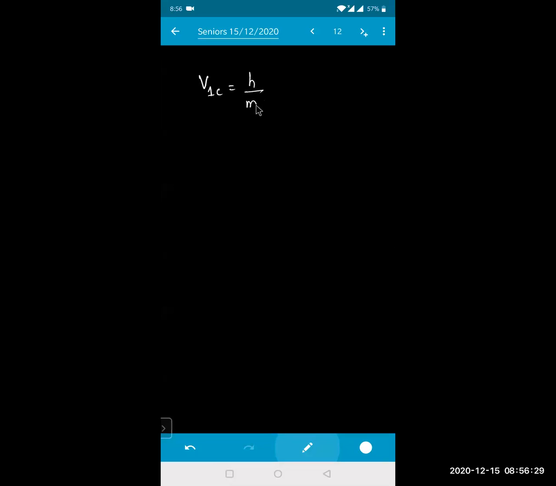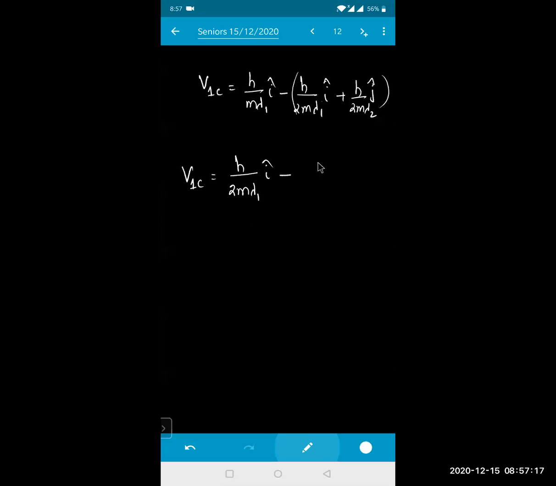h by m into lambda 1 into i cap minus h by 2m into lambda 1 into i cap, plus h by 2m into lambda 2 into j cap. Let's see what this becomes. Velocity of this will become h by 2m into lambda 1 into i cap minus, so how much will this become? Tell me. So this will be 2m into lambda 1, so it is half.